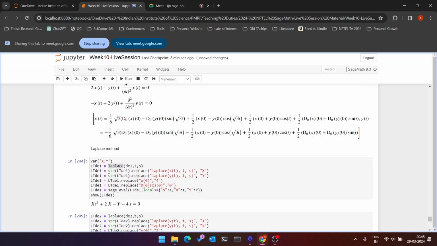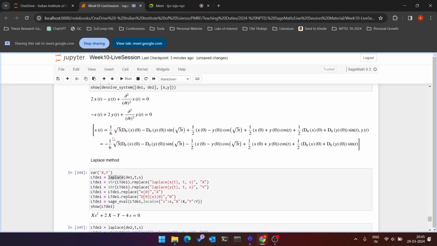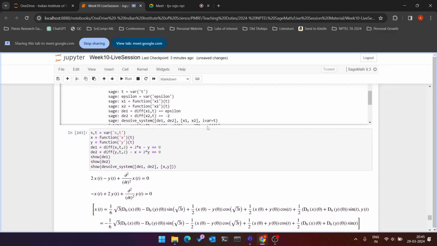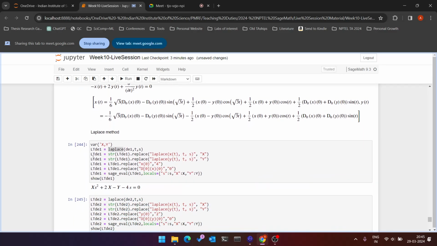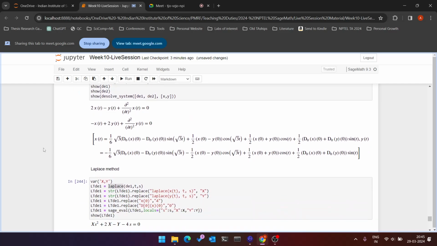Next, if we want to compare this with my above equations, my x of t is given here. d0x and d0y are both 0, so there is no sine t term, sine of root 3t as well. And x0 is 4, y0 is 2, so 4 minus 2 is 2, so 2 by 2 is 1, so you have got cos of root 3t, and the second term is 4 plus 2, which is 6 by 2, 3.